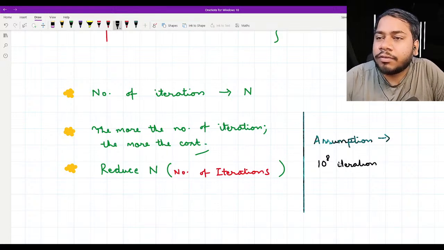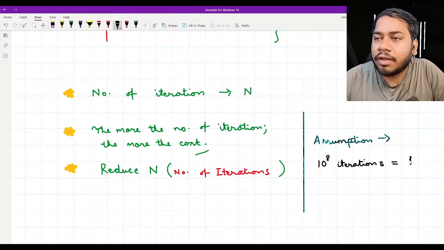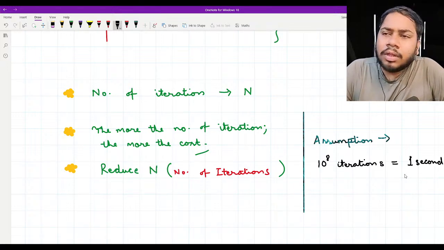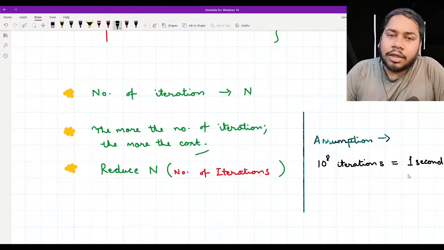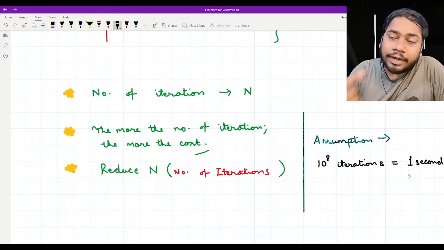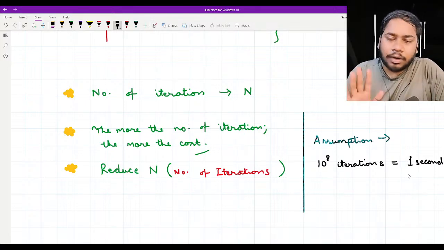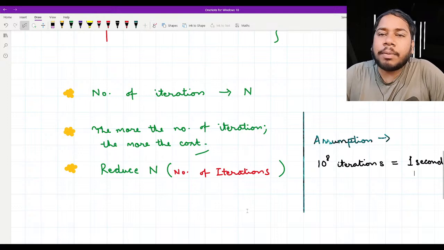When we do this many iterations, it takes 1 second. This is our assumption. If we are going through that loop 10 to the power 8 times, then it takes 1 second. So this is what we have assumed as of now.